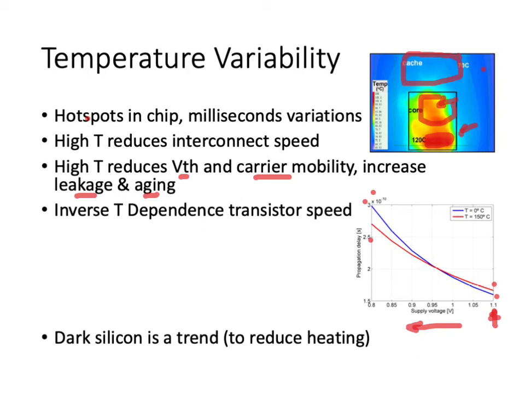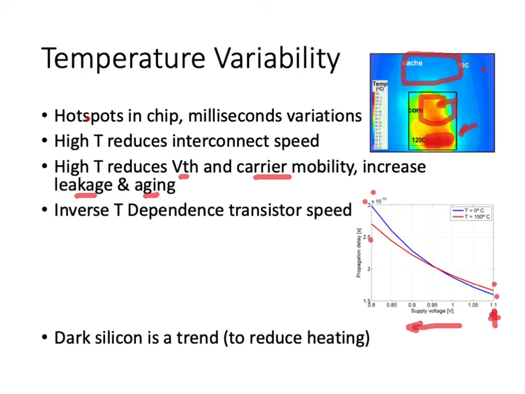At high temperatures, there's a dual effect. There is a reduction of the threshold voltage, which means that for a smaller voltage change there's more current, and there's also a reduction in the carrier mobility. But at high supply voltages, the carrier mobility is the dominant effect, because the supply voltage is so high that any changes in the VTH do not significantly affect the driving current.